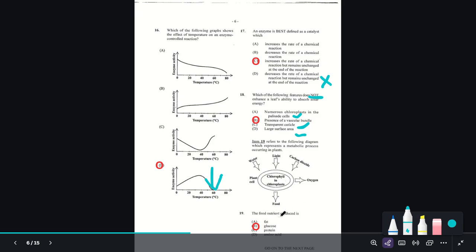The answer is going to be glucose, because if you know the photosynthesis formula, your end result is going to be oxygen, O2, and C6H12O6. That would be the answer for number 19.